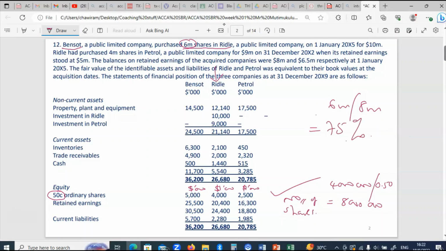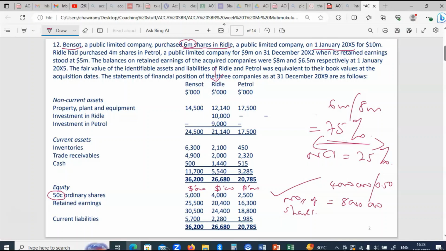Therefore, Redu is a 75% subsidiary, which means the NCI is equal to 25%. Are we together, ladies and gentlemen? Then once you have done this, you continue with your question. When was the acquisition done? It was done on the 1st of January 2005, for 10 million.